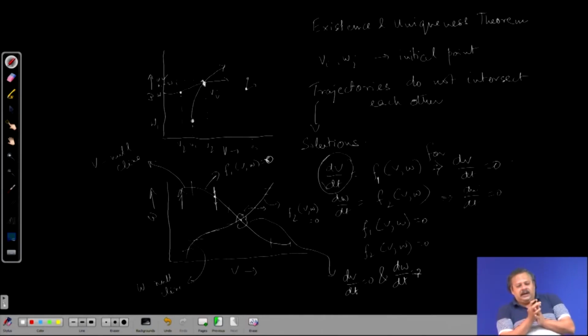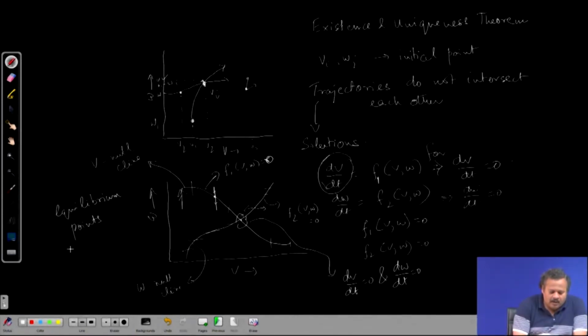So, ask yourself, if I put the system exactly at that intersection point, what would happen? Obviously the answer is that it will stay there forever, because unless we get some perturbation, the system is not going to move in V or W ever from that particular point. And these points are called equilibrium points, or fixed points, or stationary points.